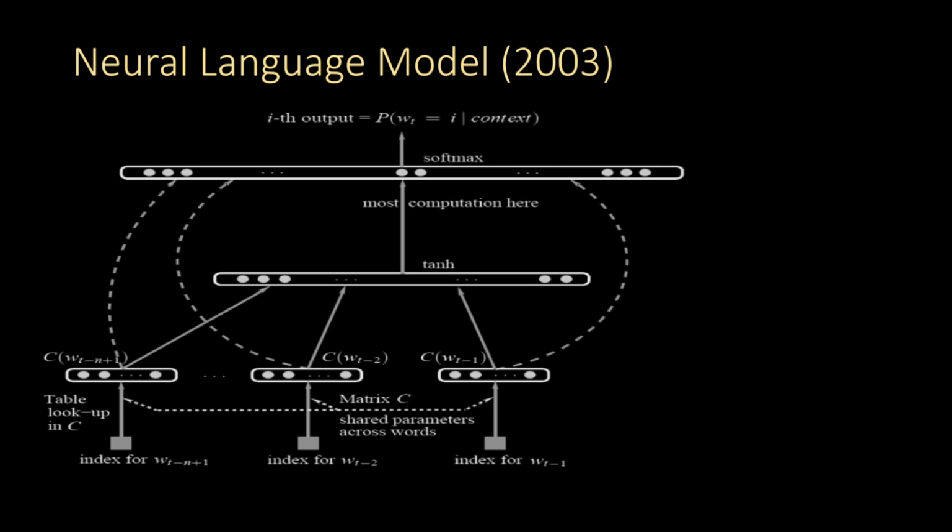Now, let's take a look at the first ever deep language model. A language model predicts the next word in a sequence. That's all it does.